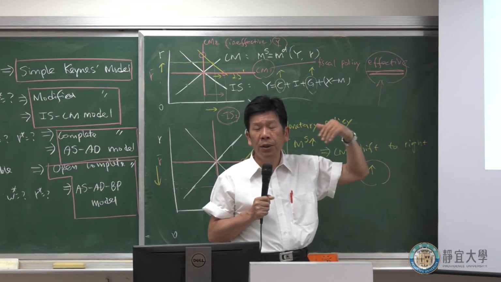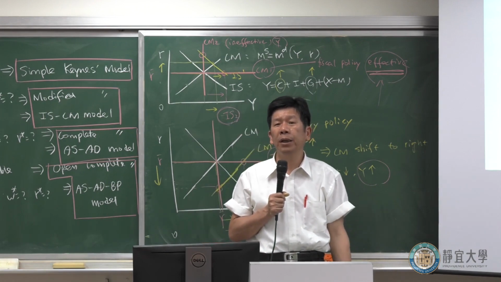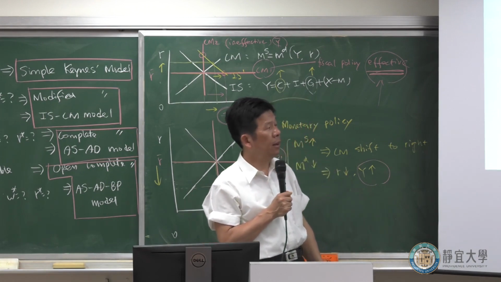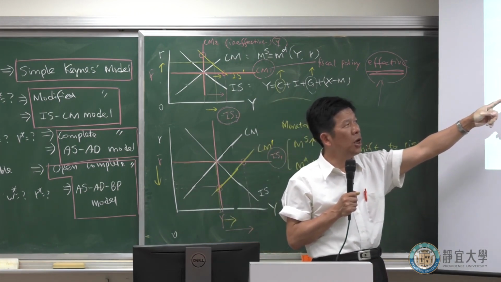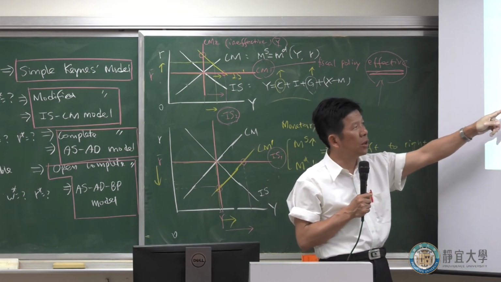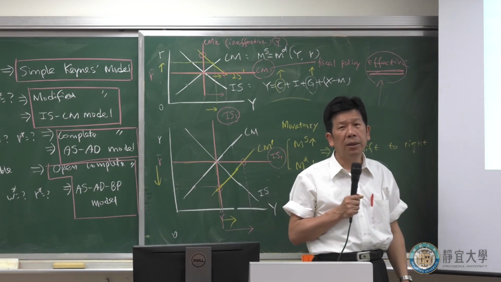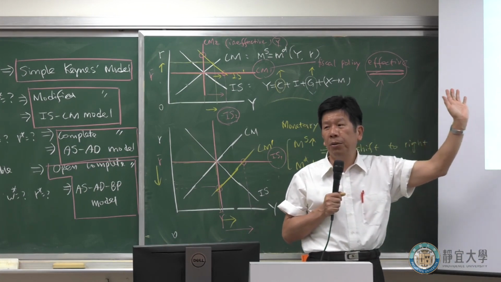In another country, we call it the central bank. The central bank can buy bonds in exchange for money and increase the stock of money. After that they can let the LM curve shift to the right-hand side.